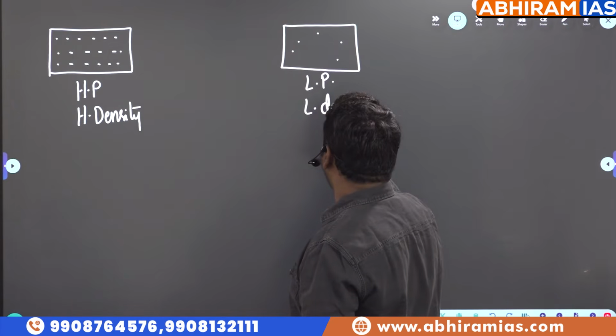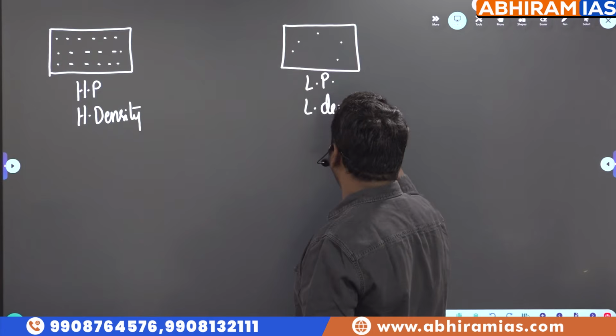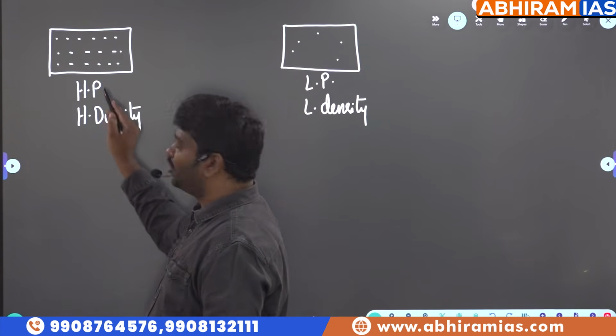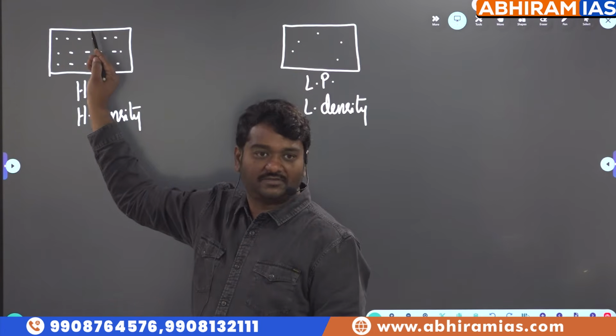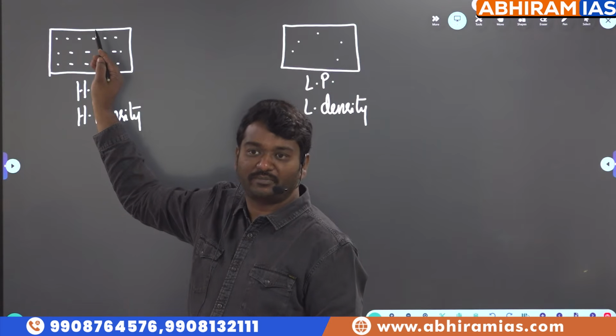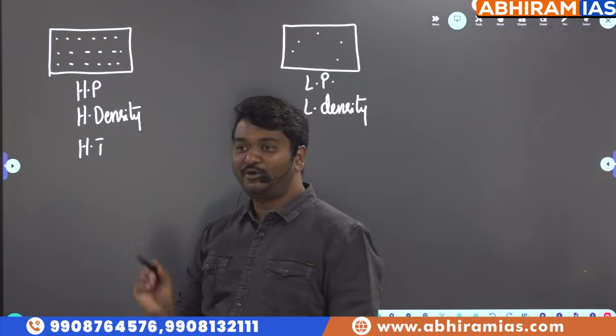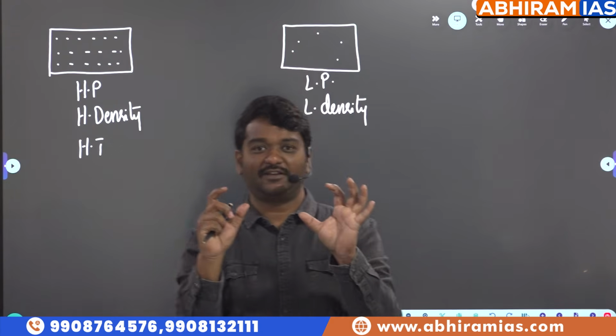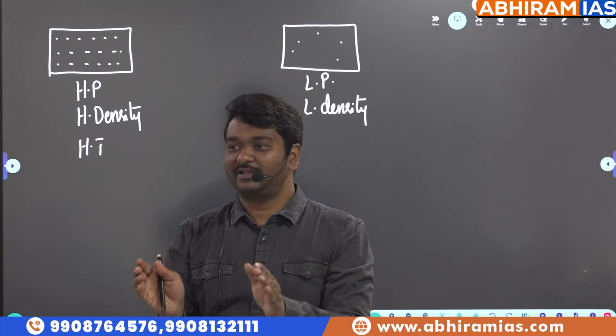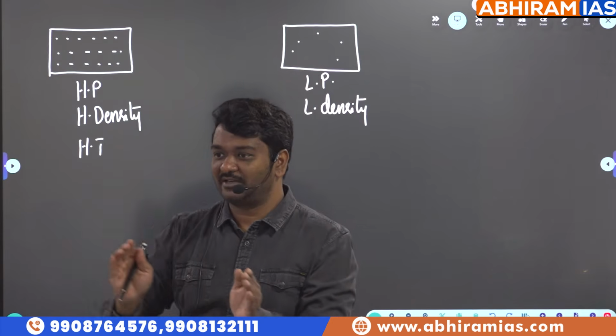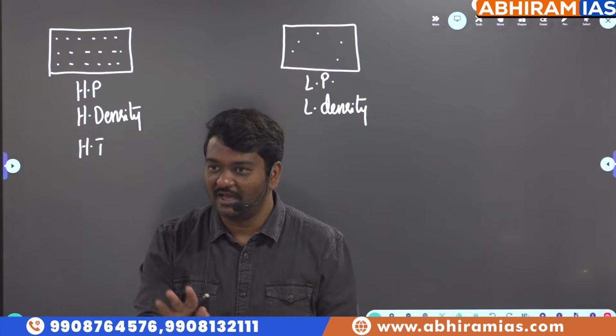Low density of particles leads to low pressure. Now, if you have more particles, will it lead to high temperature or low temperature? Don't go by your geographical concept that high temperature leads to low pressure, low temperature leads to high pressure. That's a different concept. I'll come to that.